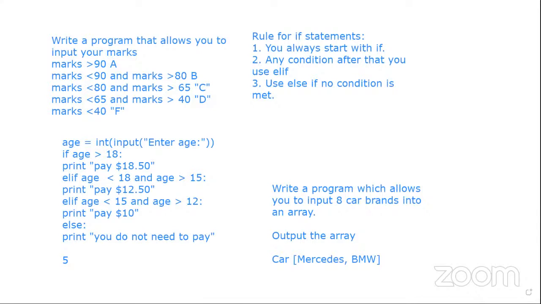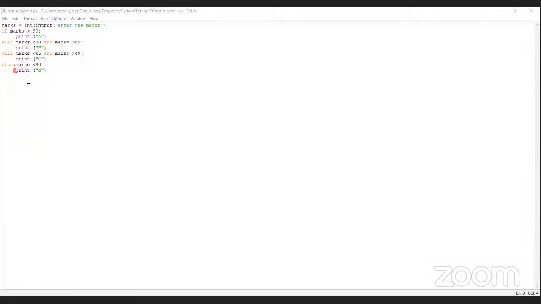So, Mr. Teacher, I don't know what's happened to my code. All right, just share your screen. I've done everything, but it doesn't work. Azam, for the else you don't put anything else.